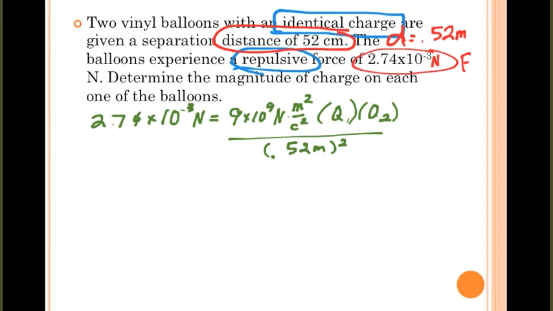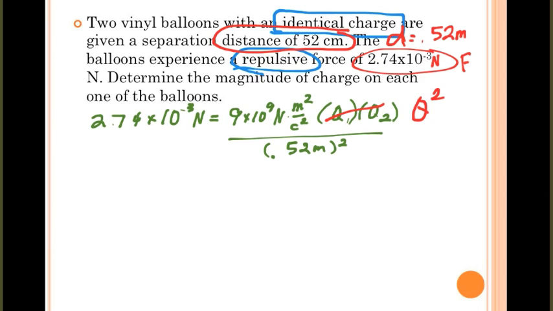Okay, so this one's a little bit tricky. I have to isolate Q1 and Q2. And before we do that, I want you to recognize that if it's the same charge, Q1 and Q2, then I can actually replace this with Q times Q, and that would be Q squared.